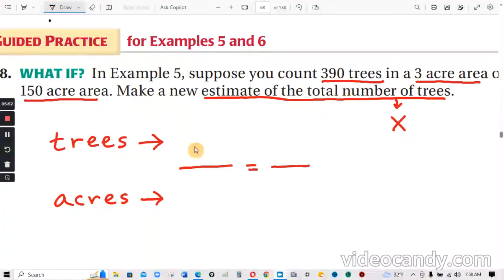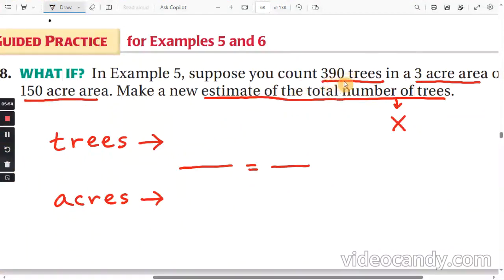The number of trees, we had 390 trees in 3 acres. And then the new estimate for the number of trees we don't know, we can call it x. And how many acres are in the new estimate? That's 150.